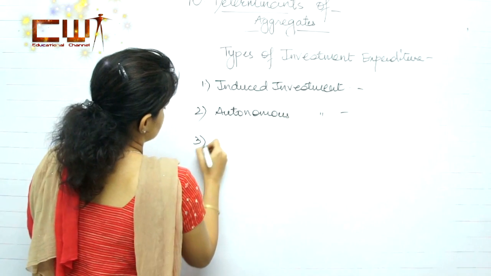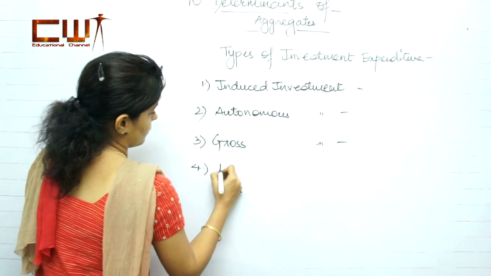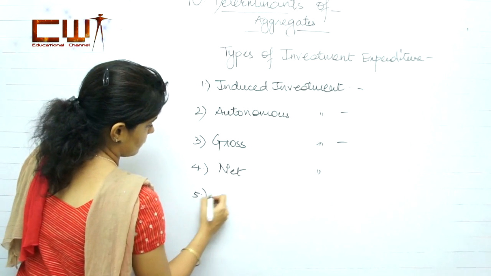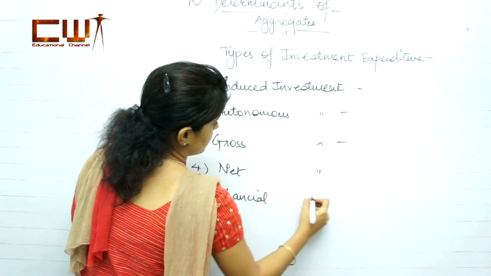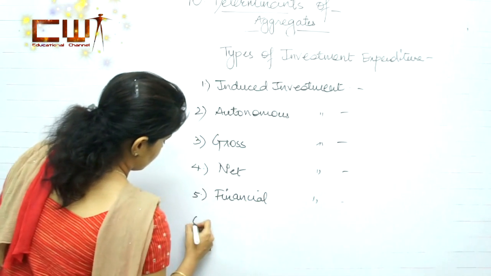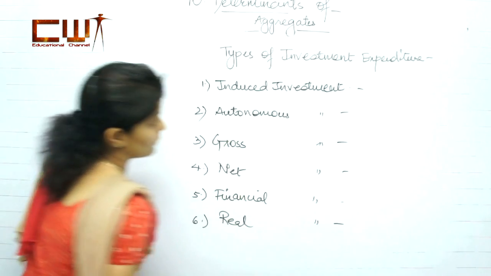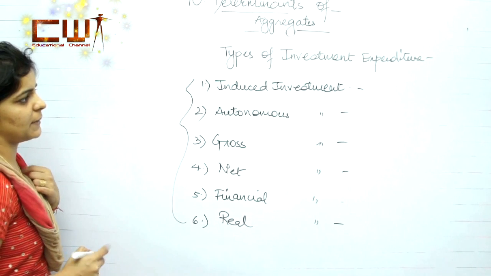Then you have gross investment, net investment, financial investment, and lastly real investment. So you have these six kinds of investment expenditure.